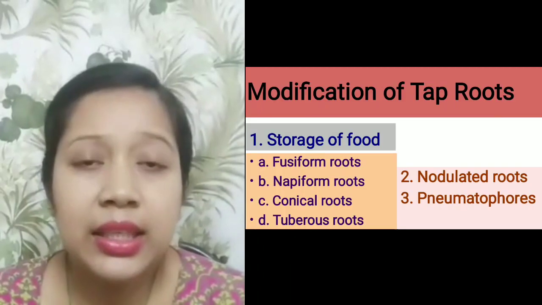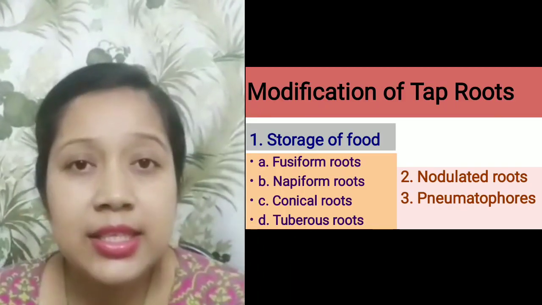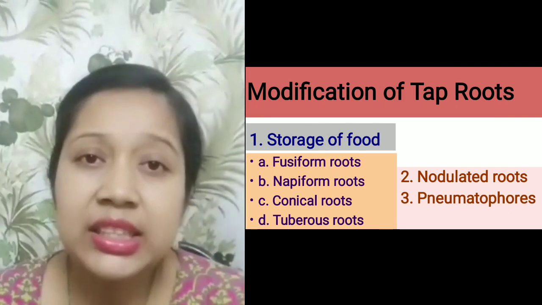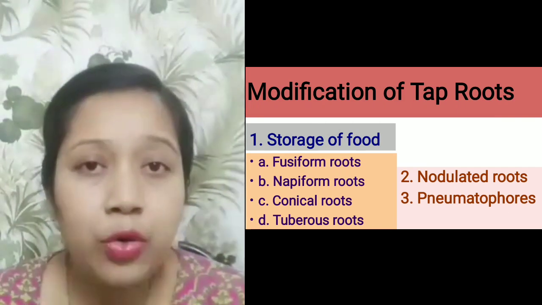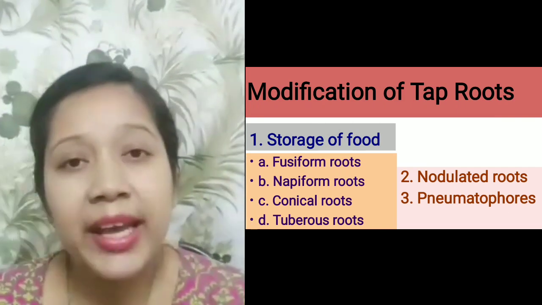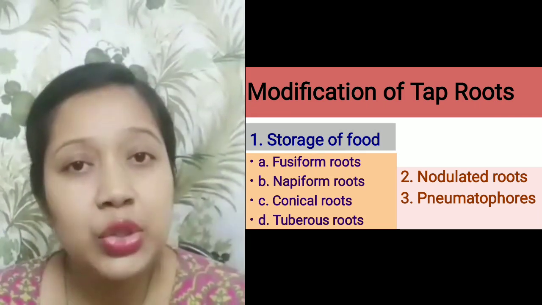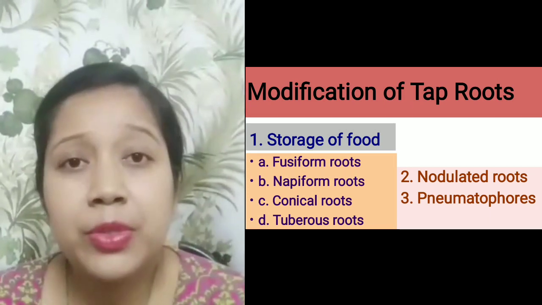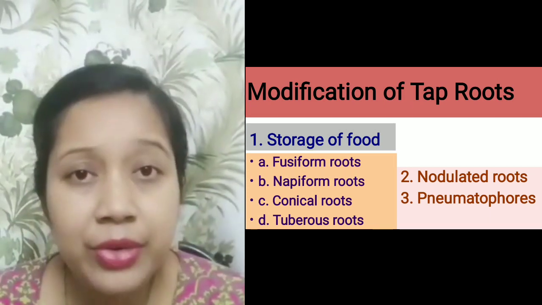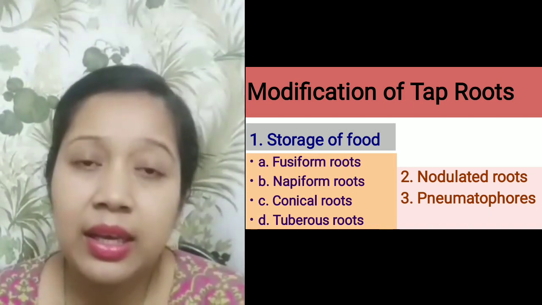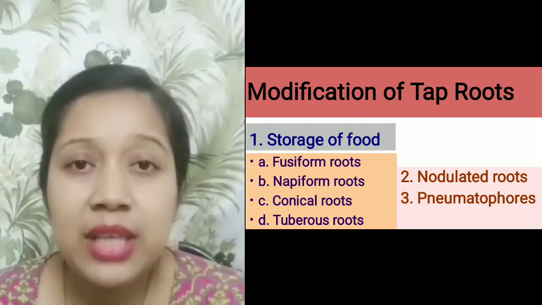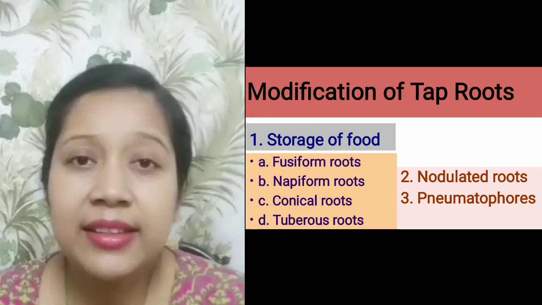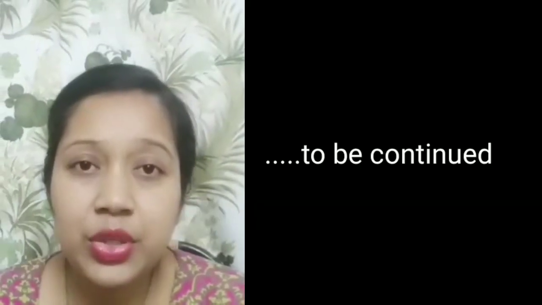So these are the 6 types of modifications of the taproot that we have studied now. 4 were for the storage of food, and the other 2, the pneumatophores and the nodulated roots, are for the purpose of physiological function. Next, we are going to discuss the modifications of fibrous roots and adventitious roots.